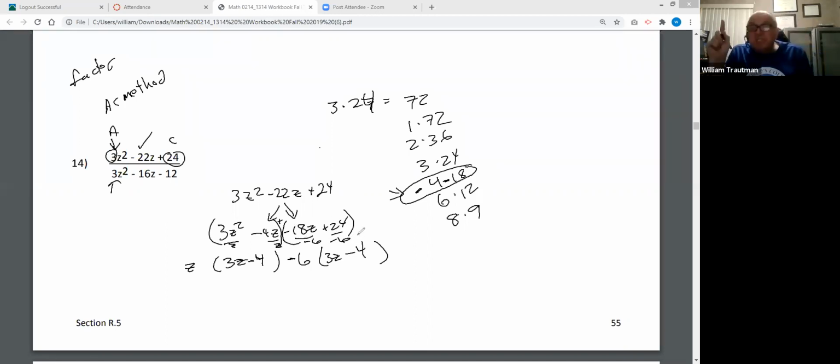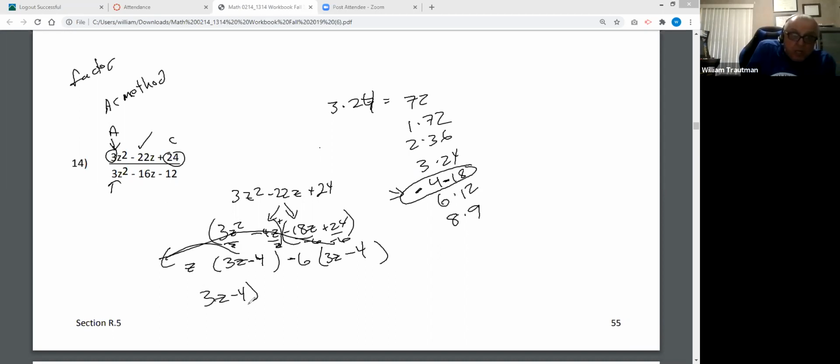The parentheses are identical. So I'm going to factor out the parentheses, 3z minus 4. What's left over? z minus 6. In the other parentheses, my top factors to that.